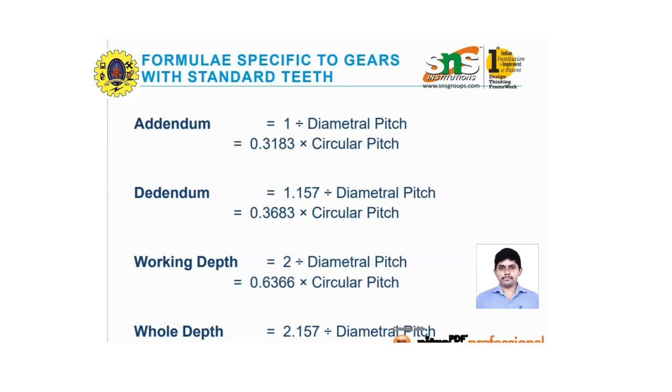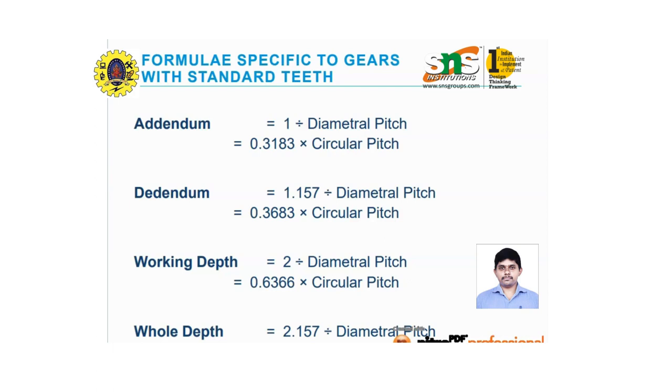The rack means the case where there are no gears missing, only one gear, and there is an external gear or an internal gear. Only in that case we need to take 2.1457 divided by diameter. This is the standard value of calculation to determine what kind of working depth is generally available.